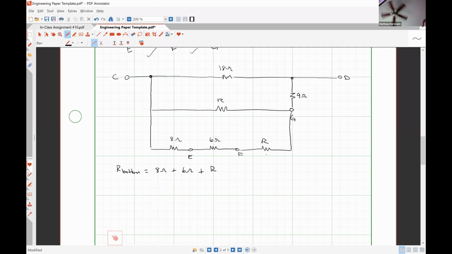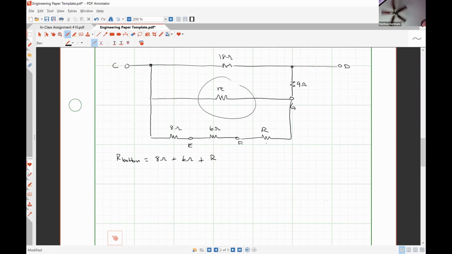R bottom is in parallel with this R. So we would have 18 ohms in parallel with R in parallel with R bottom, in series with 9 ohms. And then do the math from there.